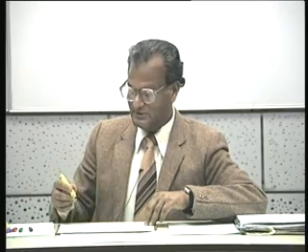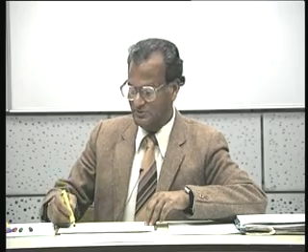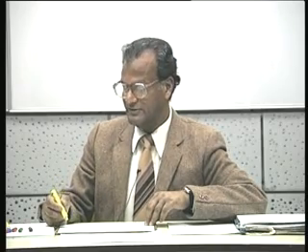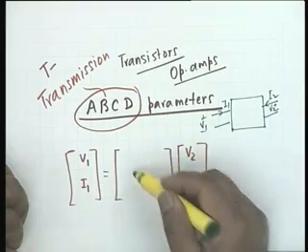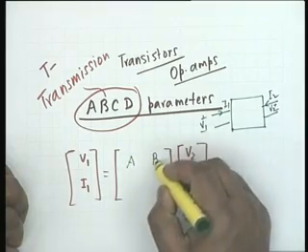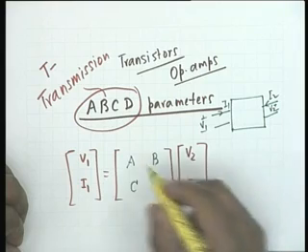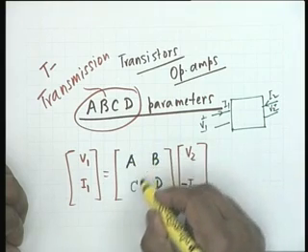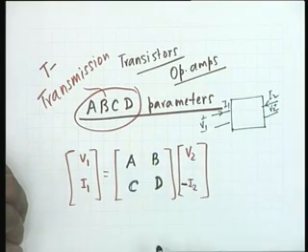So, this is why, to keep track with modern practices in which a 2 port parameter is defined with all currents going in, I must use a negative sign, and these parameters are A, B, C and D. These are the transmission parameters. The negative sign must get imprinted in your mind.